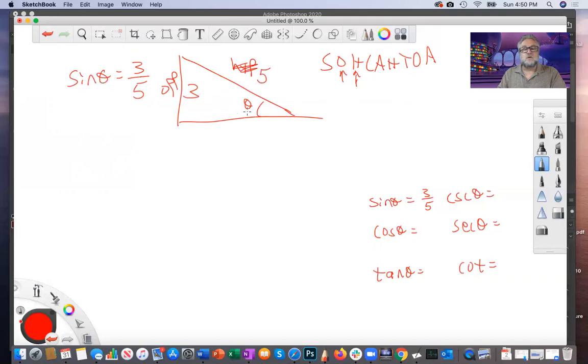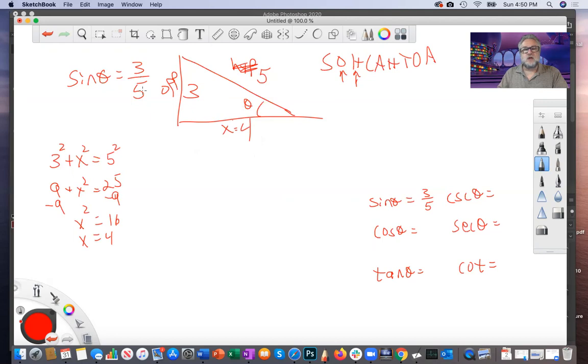Well, I'm going to solve for this side. 3 squared plus x squared equals 5 squared. 9 plus x squared equals 25. Subtract 9, x squared equals 16, x equals 4. 3, 4, 5 right triangle. Special triangle. Not 30, 60, 90. No, these are different angles.